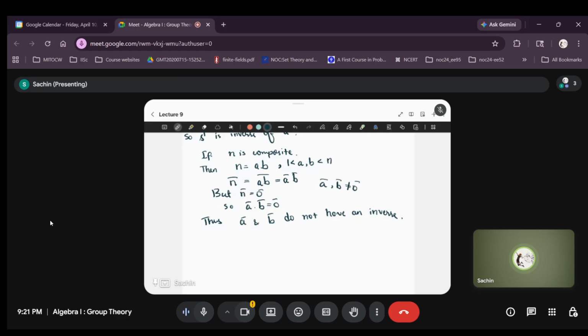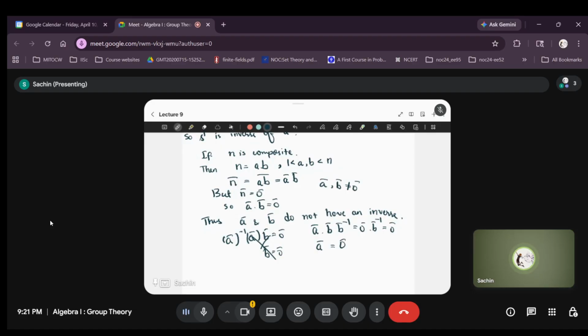So a bar and b bar are not equal to 0 bar. For some number between 1 and n, the residue class cannot be equal to 0 bar. Then suppose a bar had an inverse. You could multiply on the left by a bar inverse. What would you get? You would get b bar is equal to 0 bar, which is not possible. Suppose b bar had an inverse. Then a bar into b bar inverse is nothing but a bar into 1 bar, which is a bar.